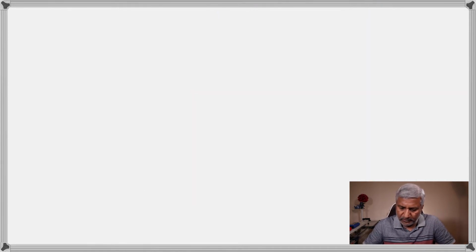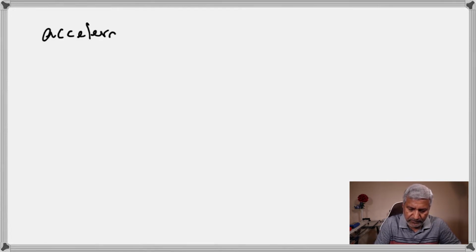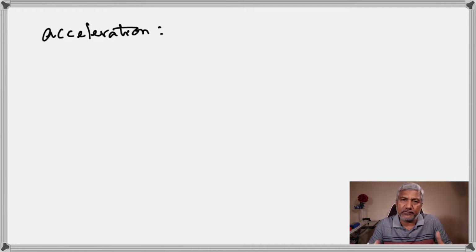Let's move on to something really important, which is the last important technical term in this chapter. It's called acceleration. Now, acceleration is the change in velocity. So for example, in the morning when you start your car, you know you're absolutely not moving.